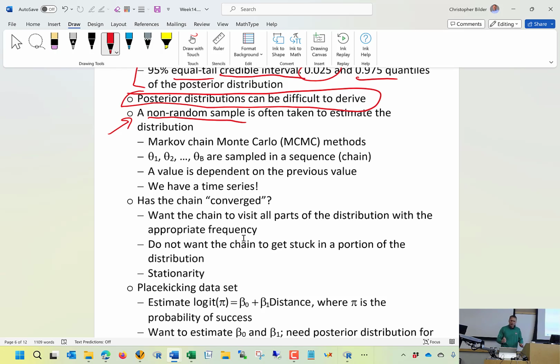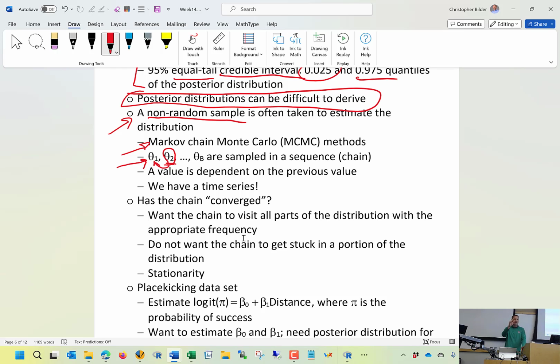The most widely used ways to do these non-random samples are Markov chain Monte Carlo methods, or MCMC. What you end up with is a series of sampled values for the parameter you're trying to make inferences about, where theta 2 is not independent of theta 1, but dependent upon what you previously got for theta 1.